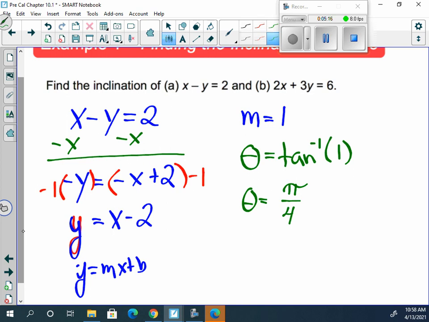So our angle of inclination for the first one here, x minus y equals 2, is pi over 4. And that's it. Questions on this one here? All right. And it does make sense because here we do have a positive slope, so we should expect an angle between 0 and 90.